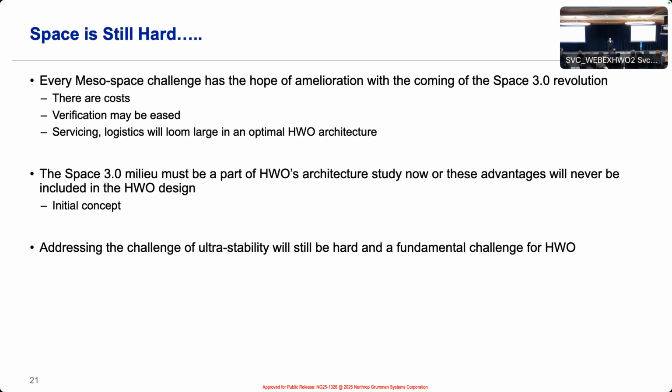And so we really have to view habitable worlds as a facility, right? So it's going to provide the capability to accept future instruments or future capabilities, or it's going to be the last of the mesospace projects where everything goes at once.